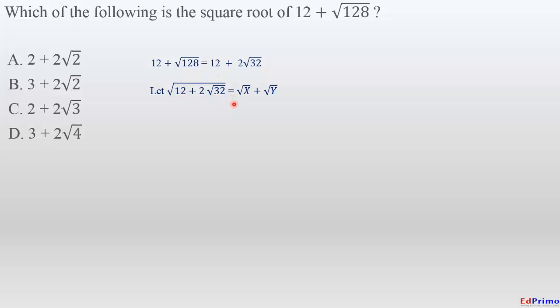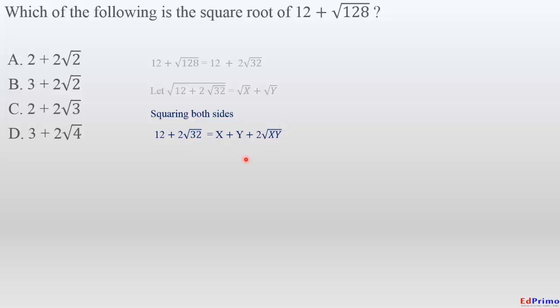And we are also saying that this is of the pattern of square root of x plus square root of y, because our answer choice is of that pattern. And then we go on to say that we'll square both sides. So 12 plus 2 root 32 can be written as x plus y plus 2 root of xy.